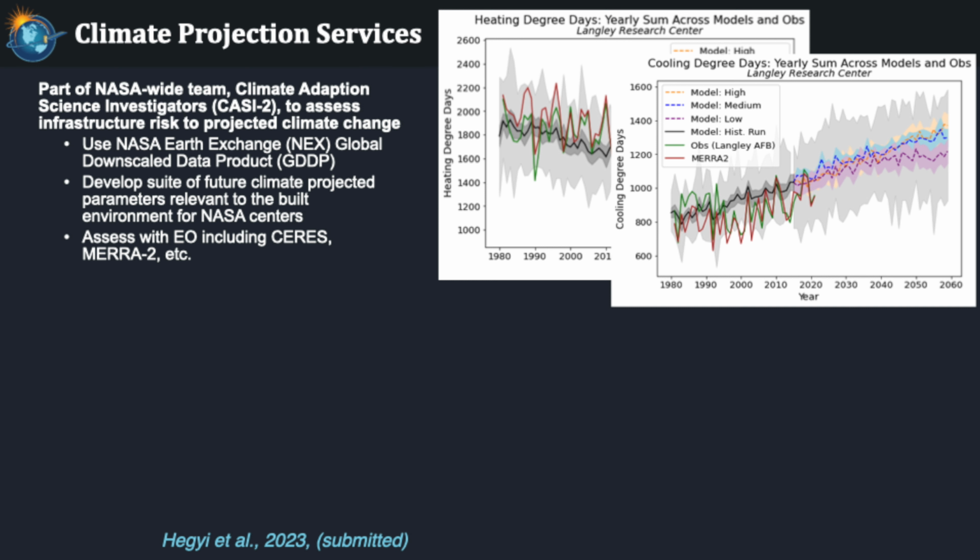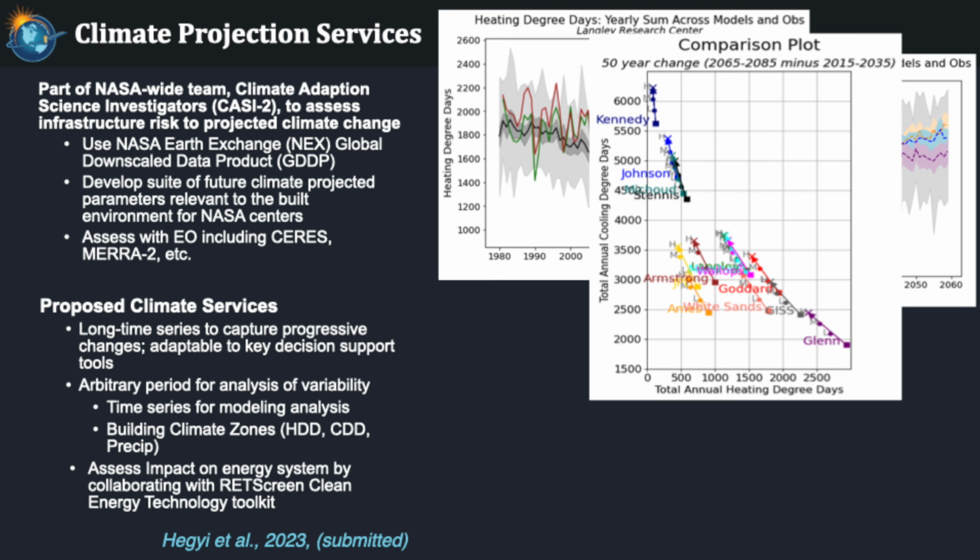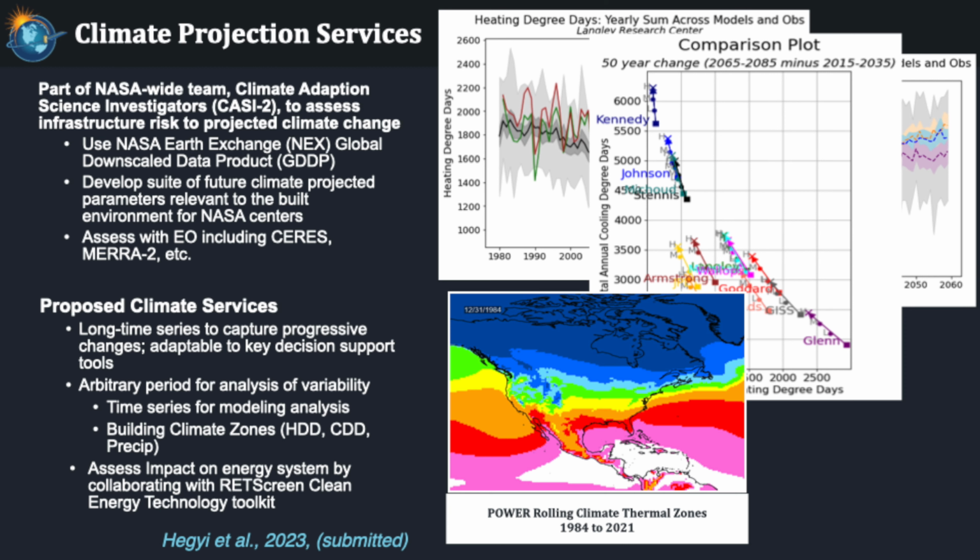So this is, for instance, cooling degree days at our location here in Hampton, Virginia. So these are various different scenarios from the CMIP-6 pathways. You can see some of the divergence there. We compare them to the current, so we actually do a second downscaling bias correction to try to get things right currently, but we're working with all the NASA centers right now, but plan to make this available to the public.